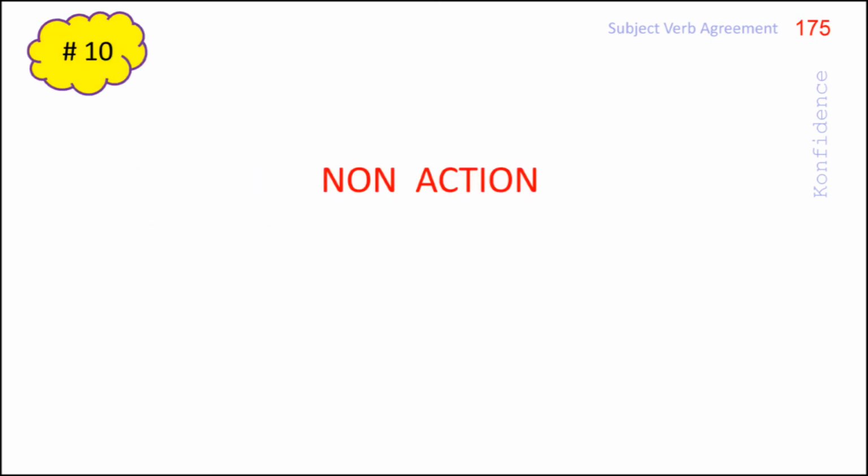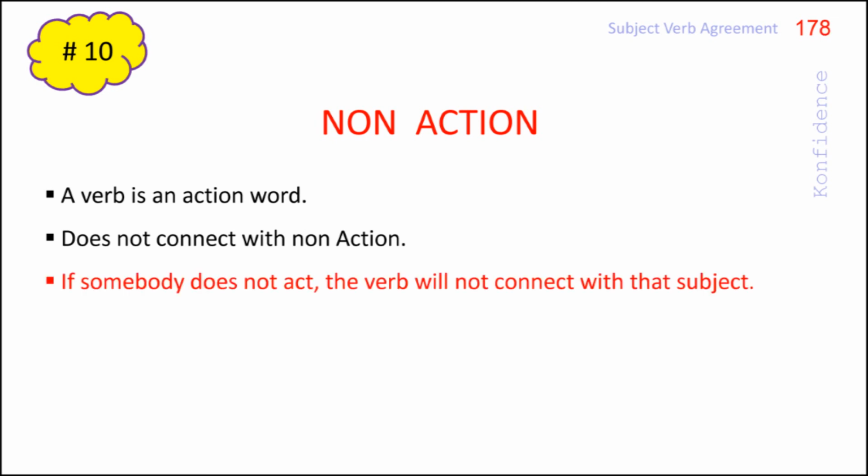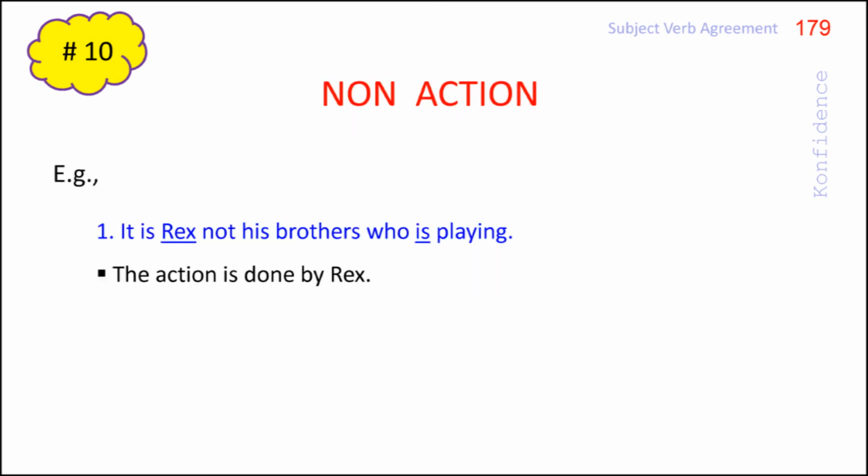Let us look at one more rule before we conclude. A verb is an action word, so it does not connect with non-action. If somebody does not act, the verb will not connect with that subject. Look at the examples given in the slide. In the first one, Rex is playing. It is not his brothers who are playing.